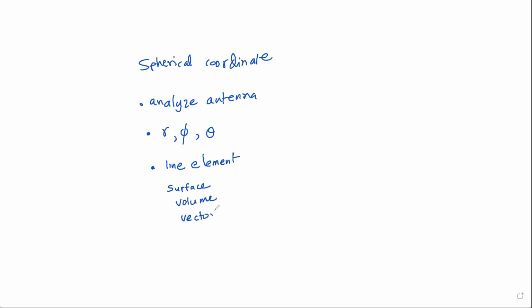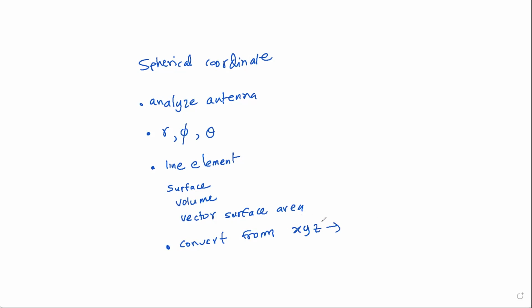Also, we discussed how the vector surface area is defined for that coordinate system. Then we learned how to convert from the spherical coordinate system to the XYZ coordinate system, and from XYZ to the spherical coordinate system.